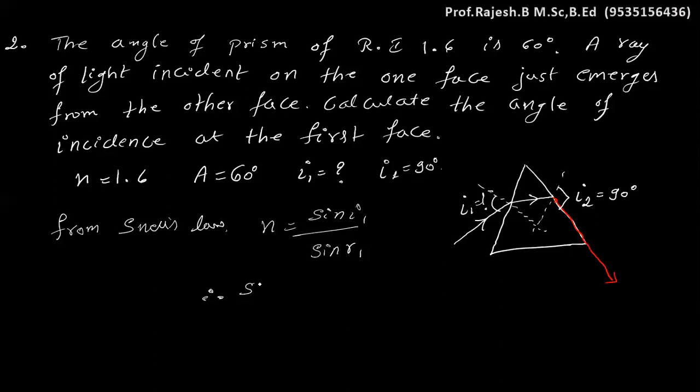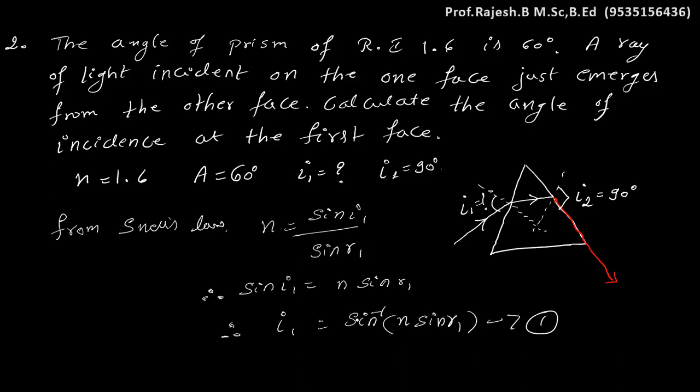Therefore, sine i1 is equal to n into sine r1. Therefore, i1 is equal to sine inverse of n into sine r1. So this is equation 1.